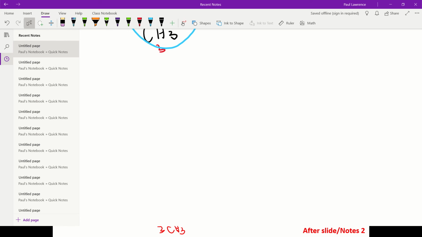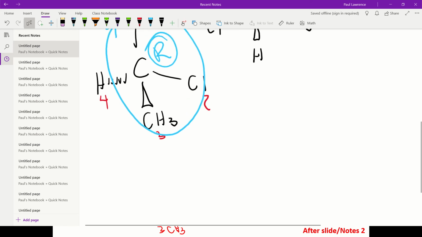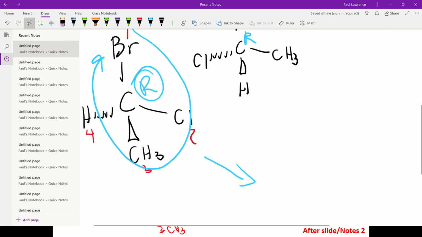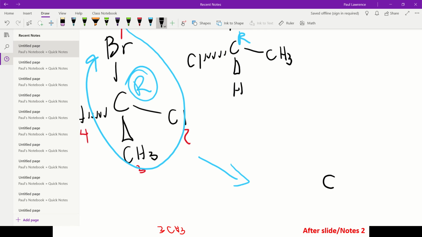So let's look at this molecule here. I'm going to rotate it. Let's get that hydrogen into the plane. Okay, so we need to make sure we're doing this right.